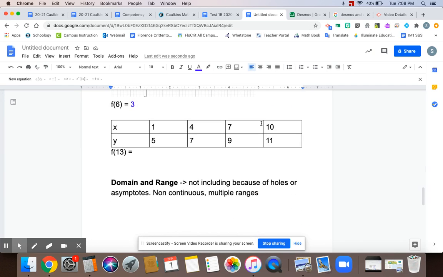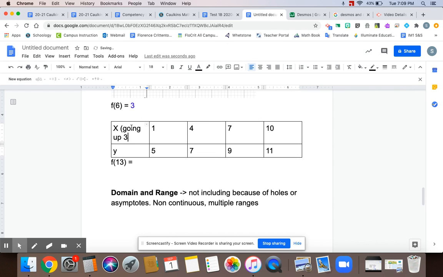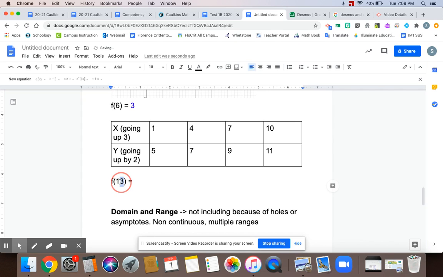However, if there is a pattern, so this is almost the same one. Because it's only almost the same one, we know x's are going up by 3. And the y's, this time they are going up by 2. Because 5 plus 2 is 7, plus 2 is 9, plus 2 is 11 this time. So if I say what's f of 13, because the 13's in the parentheses, that means it's the x, and they want to know what the y will be.